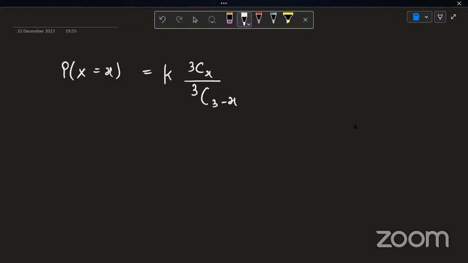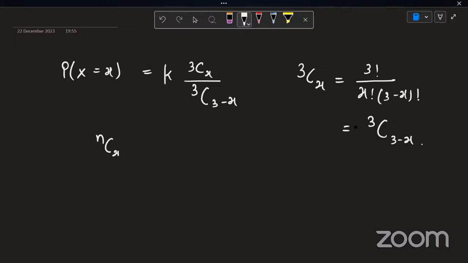Why are they equal? Because if you calculate 3Cx, it will be 3 factorial upon x factorial into (3 minus x) factorial, and similarly we can write it as 3C(3 minus x) also. NCx is always equal to NC(n minus x).